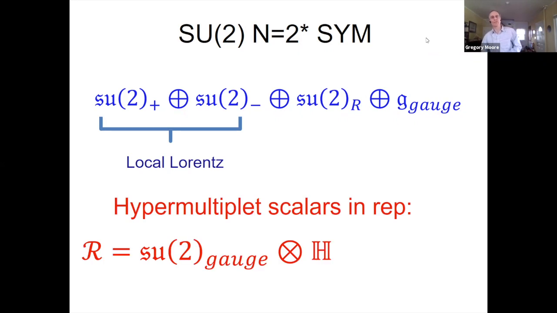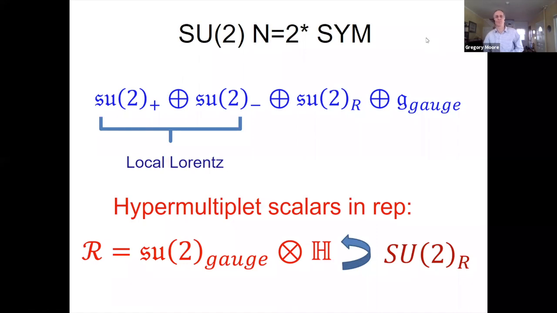Now in N=2*, the hypermultiplets are in the adjoint representation. So in our case, the hypermultiplet scalars will be in the adjoint representation of SU(2) and made quaternionic. Now, we can right multiply on the quaternions by a unit quaternion. And so that's the action of the SU(2)_R symmetry.